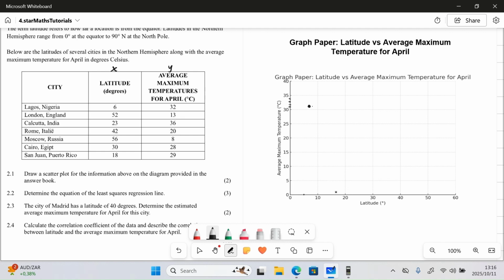Then the x value is 52. Are we having 52? Yes, 55. Then 51, 52. Somewhere there. 52 is 13. Where is 13?